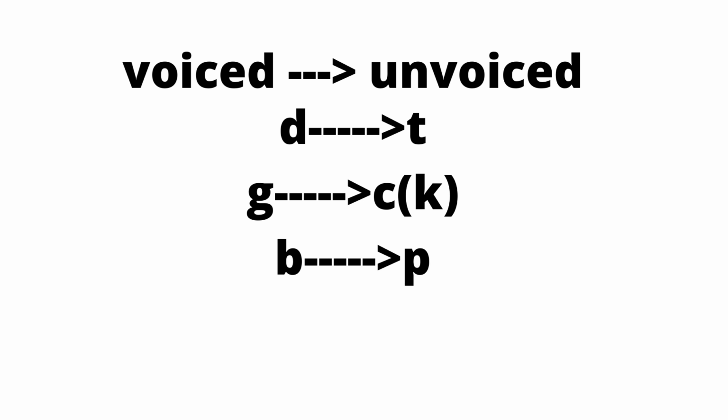A-G-A-D. It sounds like it's spelled A-C-A-T. Agat. But it's A-G-A-D. So both the G and the D have become unvoiced because they're not the first sound in the word. So that's kind of all of it.